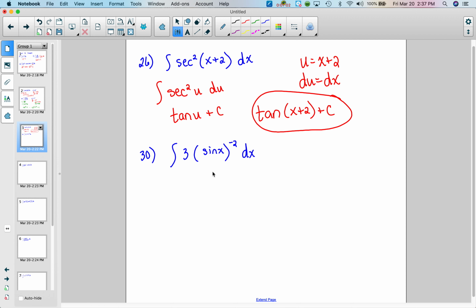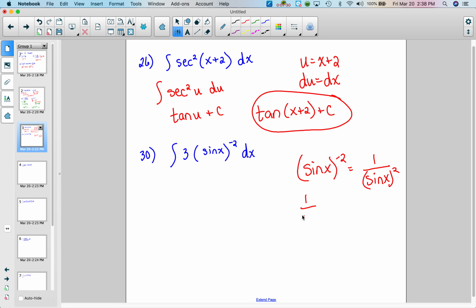Okay, this one's a little tricky. You probably don't like to hear me say that. Because think about what this means when you have sine x and it's raised to a negative power. So sine x to the negative 2 is 1 over sine squared x. Okay, well, think about what is the reciprocal of sine.